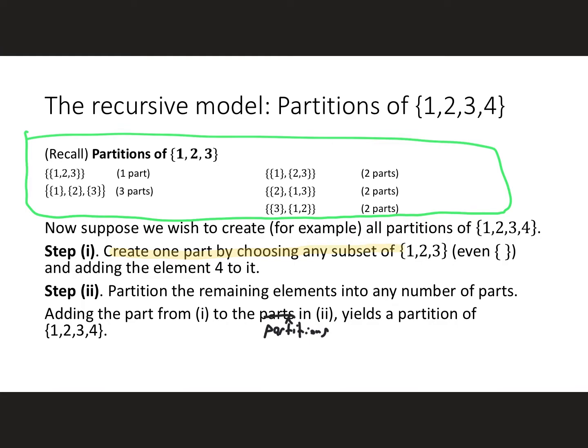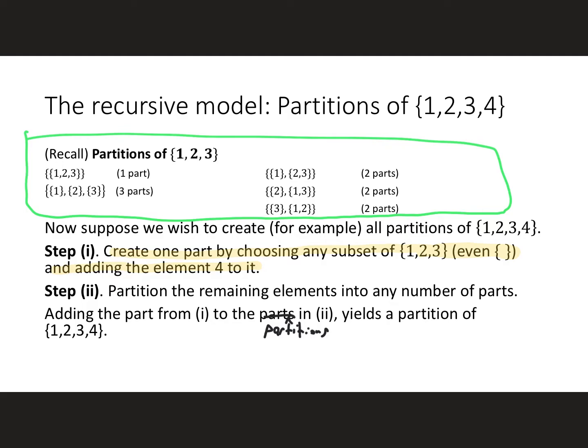For example, if I picked the set 1, 2 in this step, then the part that I will have made is the set 1, 2, 4. Whatever I pick, I'm going to add a 4 to it.